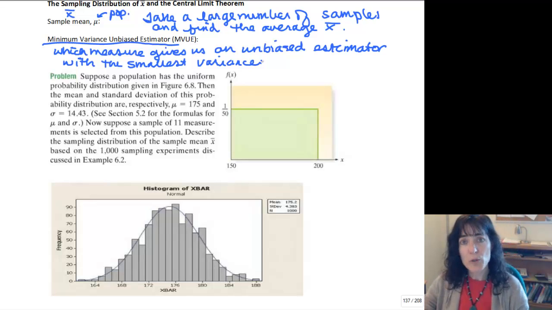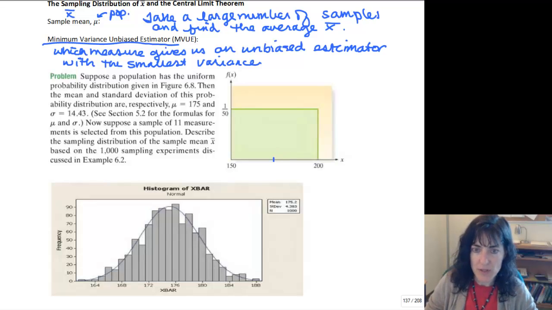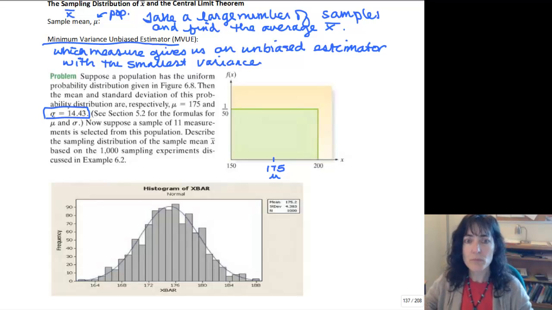Okay, so suppose a population has a uniform distribution, and so we have a picture of it here, and it looks like our function is 1/50, and then the mean and the standard deviation of the population are going to be, it looks like halfway between 150 and 200 is going to be 175, so that's going to be our mean. And our standard deviation is going to be 14.43.